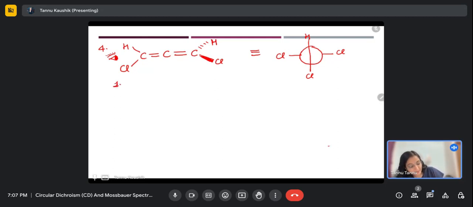So we will have to find out whether this molecule has a rotational axis in it.